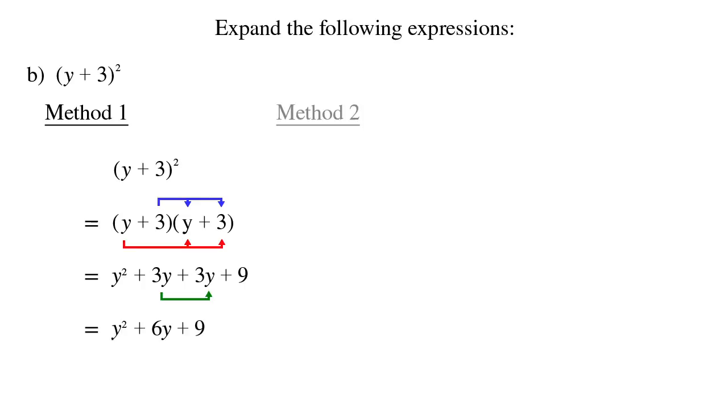We can also use the grid method. First we draw our grid, then we write the first half of our expanded term across the top, y plus 3, and we add our second term, y plus 3. We then multiply out. y times y is y squared, y times 3 is 3y, 3 times y is also 3y, and 3 times 3 is 9.